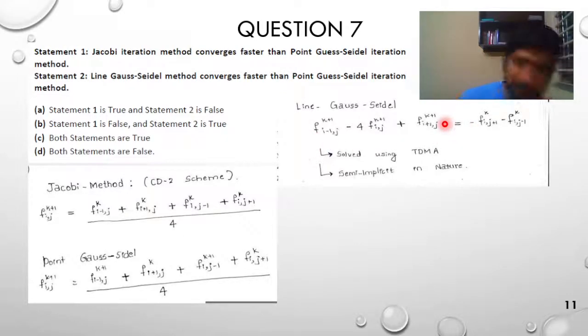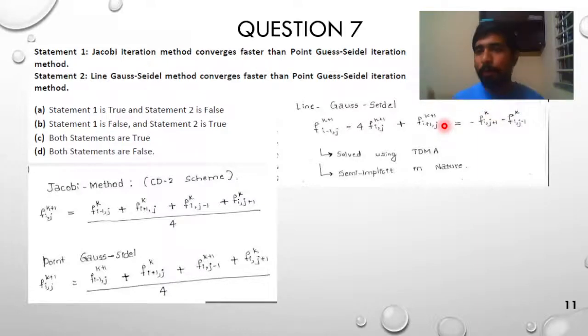So this is the fastest amongst the three, line Gauss Seidel, because we are calculating the results in one go. So you should guess that this should be the fastest converging scheme, because we are not calculating one by one, wherein some communication error might be there. That is why Jacobi was slowest.